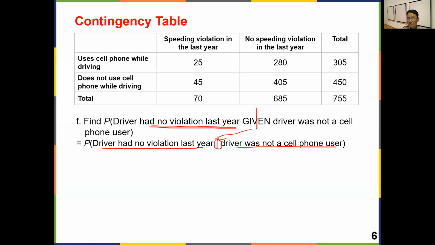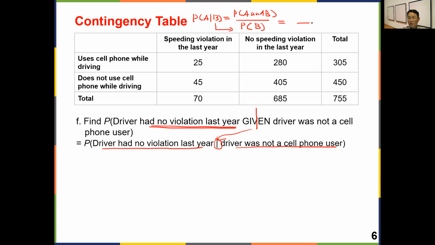Driver not using cell phone, this is the second part. So remember that formula that I gave you before? Probability of A given B is the same thing as probability of A and B over probability of B. The given part goes under.